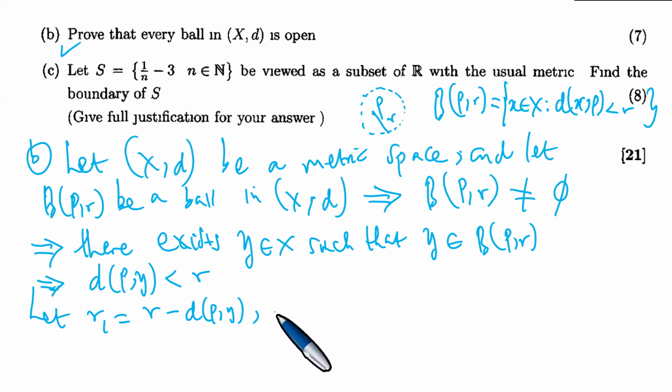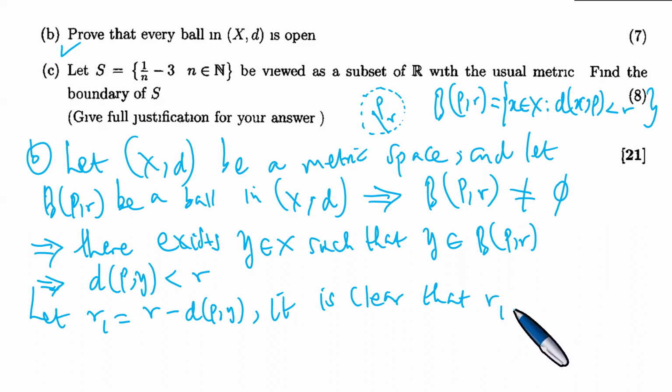And with this, it is very clear that the radius R1, for example, is positive. We said it's positive because it is r minus d(P, y), and r minus d(P, y) is bigger than 0, according to this inequality. So indeed, this R1, which is r minus d(P, y), is bigger than 0.